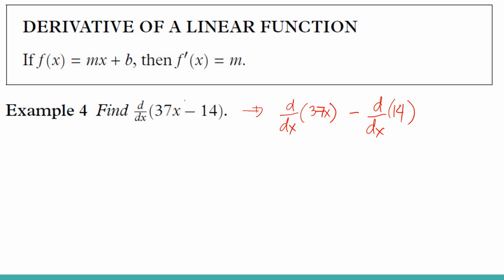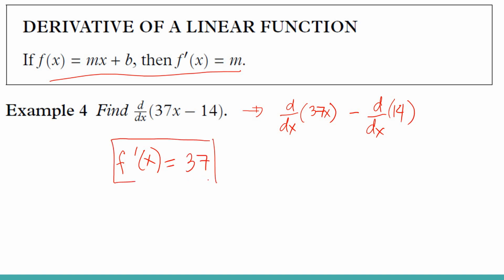But we can also use the rule for the derivative of a linear function. The rule says that f prime of x equals 37, where 37 is the slope, m.